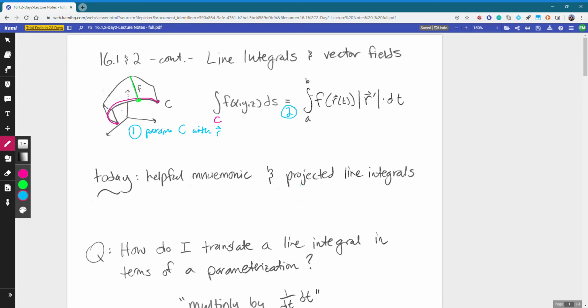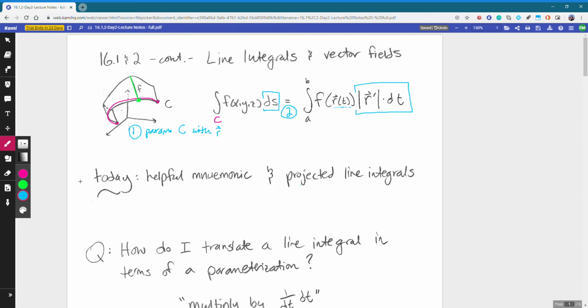Our limits of integration come from our starting and stopping values for t in our parameterization. And this notation here is just telling us that whatever x, y, and z are in terms of our parameterization, we're going to plug those in wherever we saw an x, y, or z in our original function. Then over here on the right, this ds becomes the size of the derivative of our parameterization, dt. And that is our formula for how to translate a line integral in terms of a parameterization.